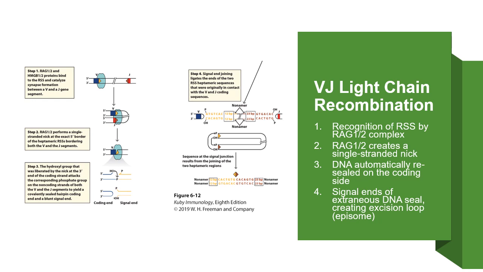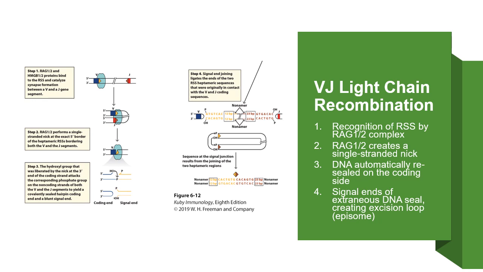Once these two things bind, it creates the loop structure, and that loop is defined and twisted through the enzyme based on the spacing of those 12 and 23 base pair spacers that are found in those recognition signal sequences, the RSS sequences. So it creates this turn in the DNA, and it brings the V region and the J region physically really close together so that this next part, the chemistry part, can actually occur.